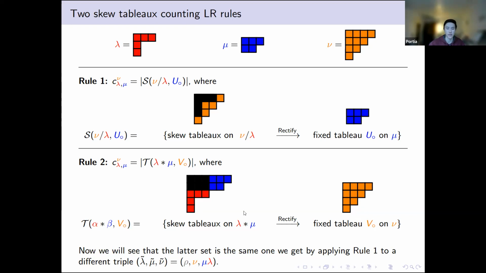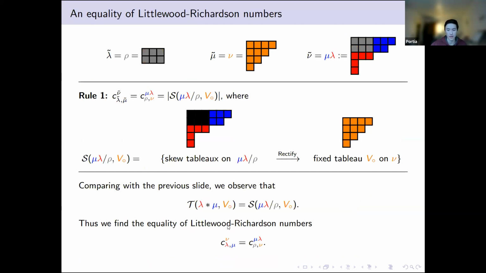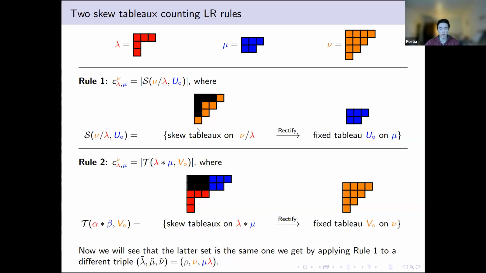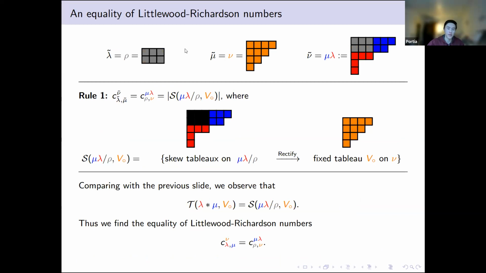I mean, that's so confusing. I'm just going to say this is what it's going to be. So we're going to take a different triple, and then apply rule 1 to that. Okay, so this is what I was trying to talk about.